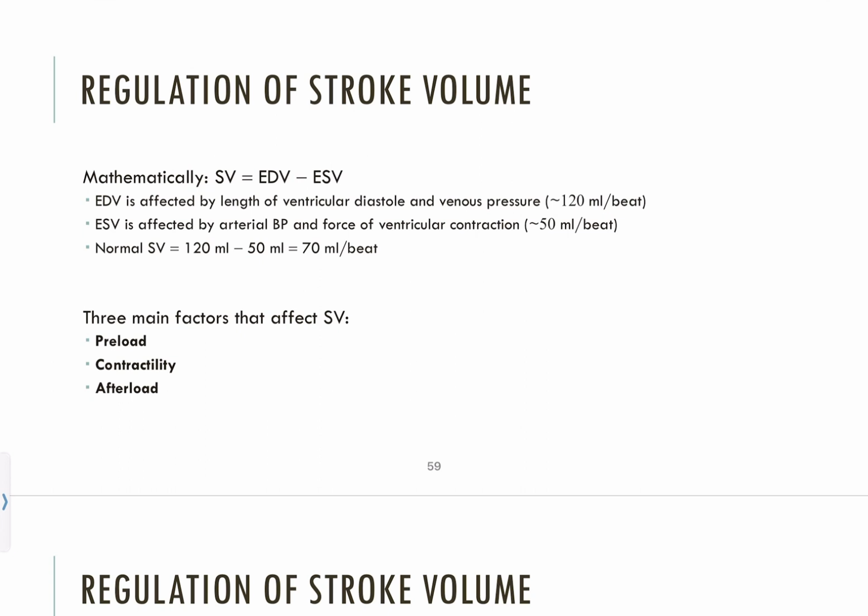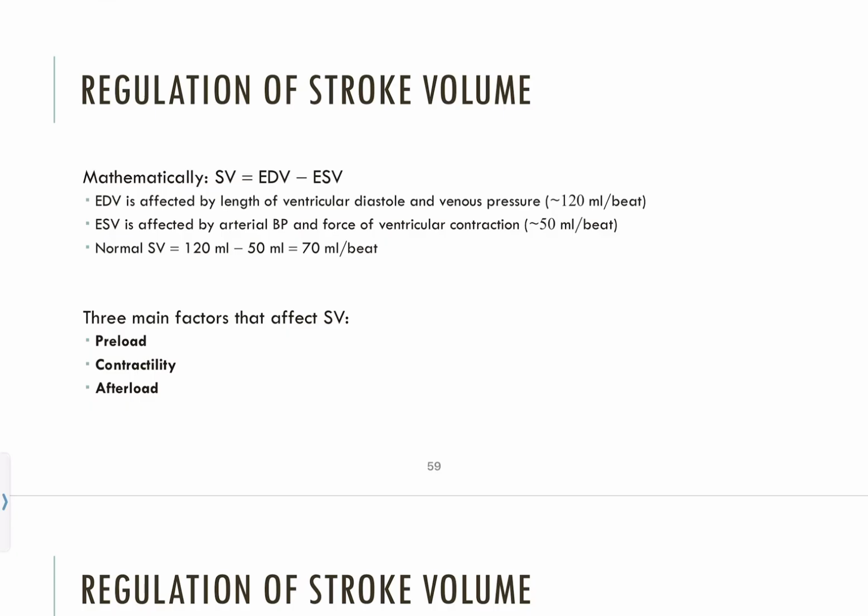Your end systolic volume is how much is left in your ventricles after they contract. So if you take your max amount that you have in your ventricles and subtract what's left in the ventricles after contraction, it's telling you how much you actually pumped out of your ventricle. And that's what stroke volume represents.